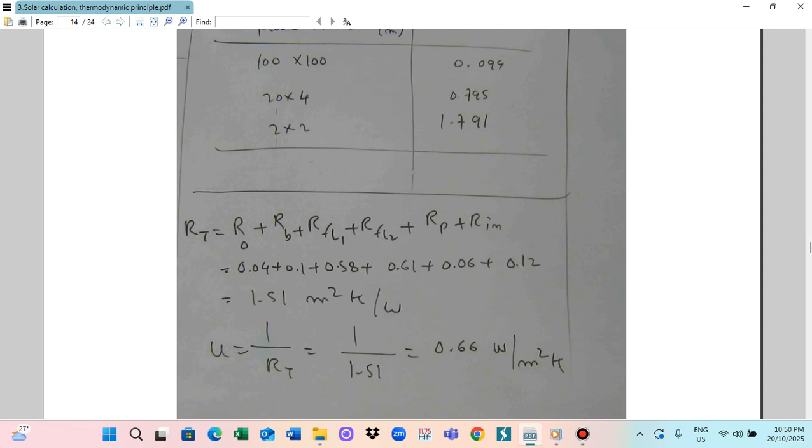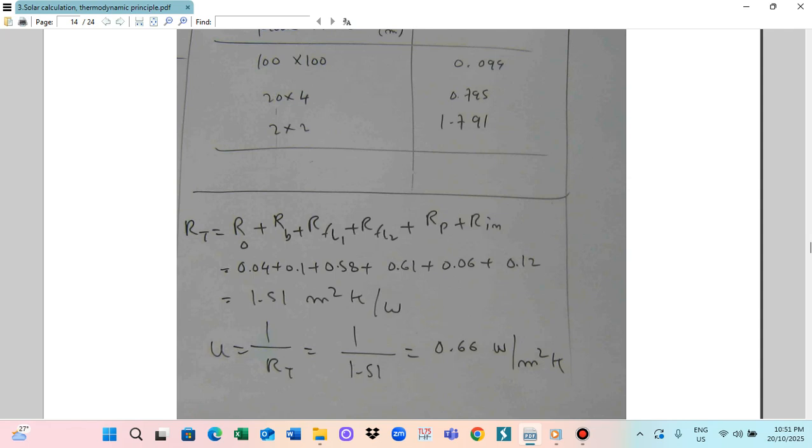Then we have to calculate the air, for three situations: the outside air, the air gap, and the inside air. The outside air is normally a moving air, so we take 0.04.